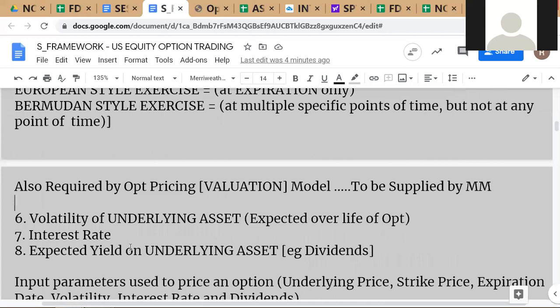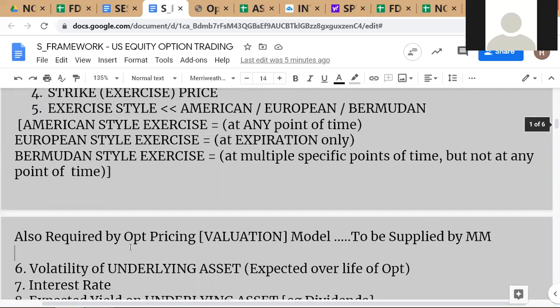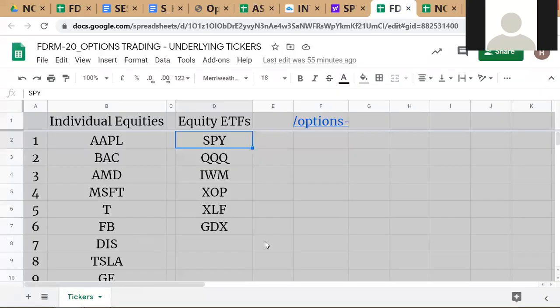Sir, we have to do this option trading in stocks or basically for the index? No, see, the option trading is going to be done in these particular tickers. You will be trading options on these underlying assets. Okay, sir. With reference to your question, you said indices or stocks.